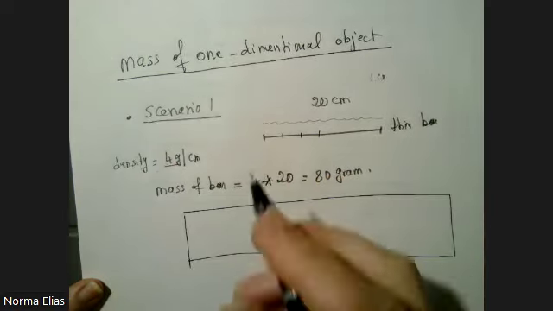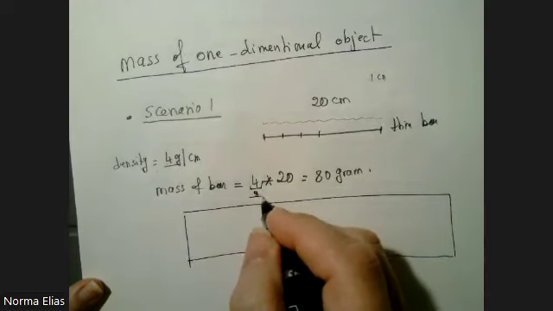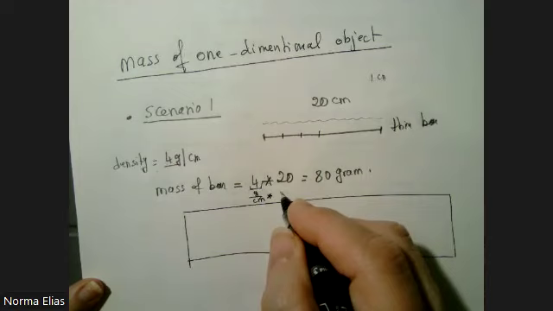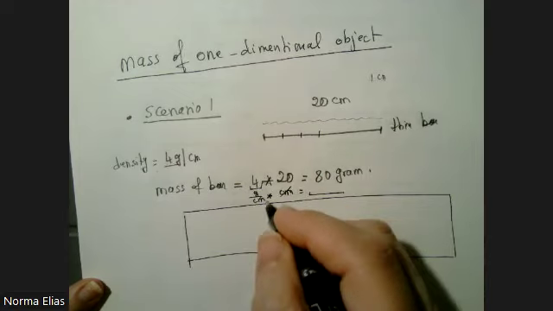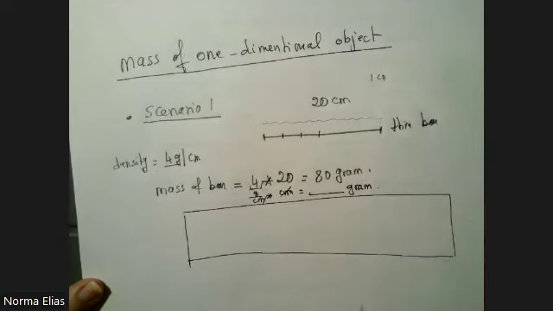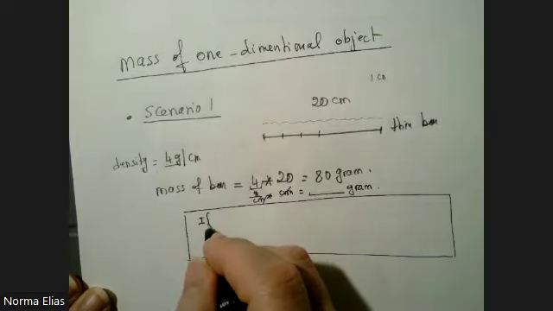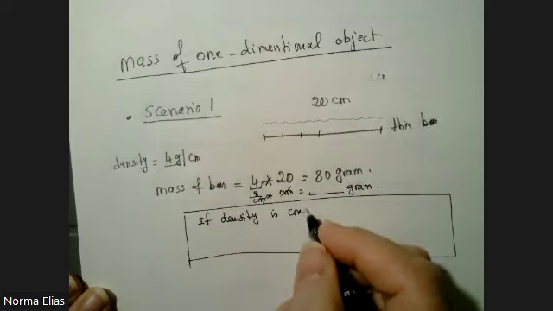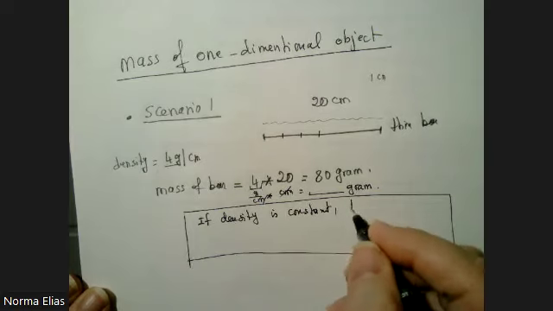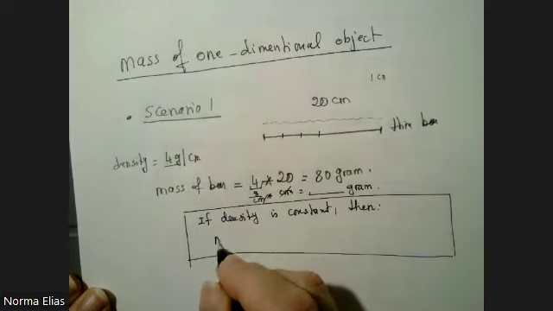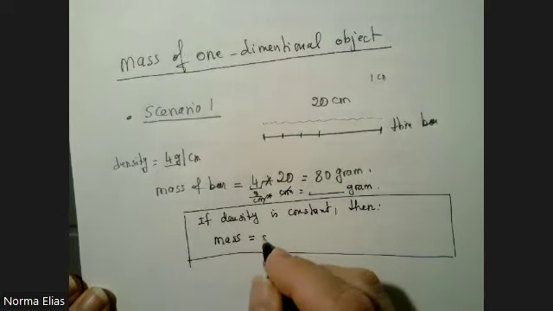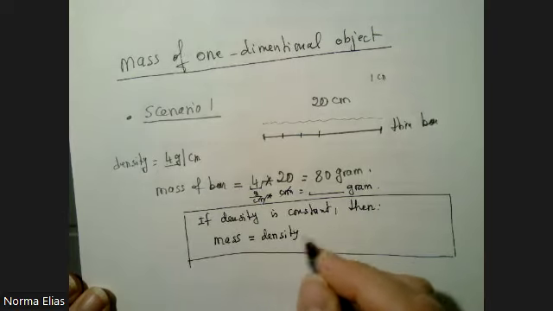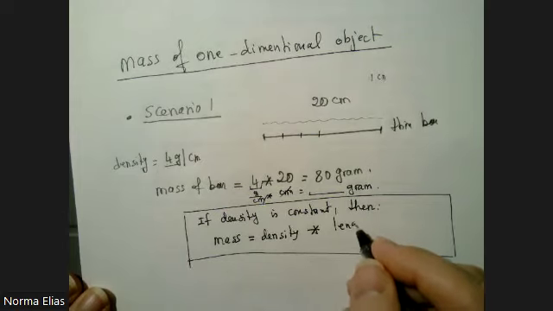And the unit makes sense. The unit of 4 is gram per centimeter. You multiply it by centimeter, centimeter cancels, and you're going to be getting grams. All right, so the first thing is, if density is constant, so the density is not changing, then the mass is density times length.